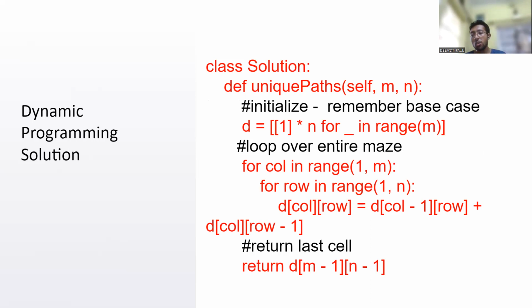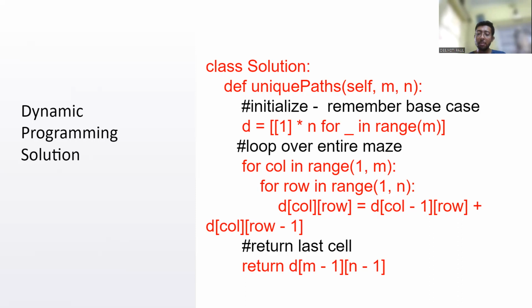Now we go through the columns, and then through the rows. For each column and for each row, we are trying to fill this array using the recurrence relation that we have.